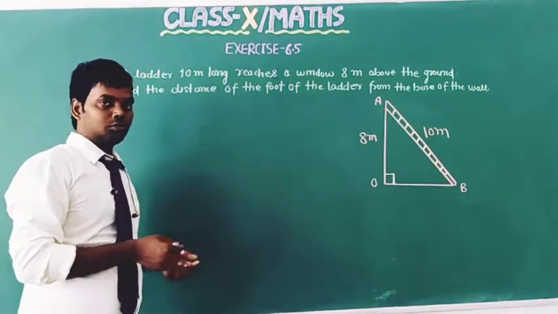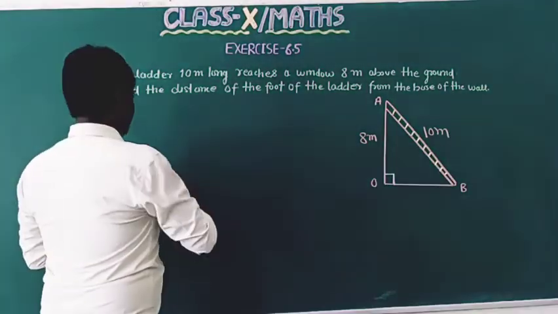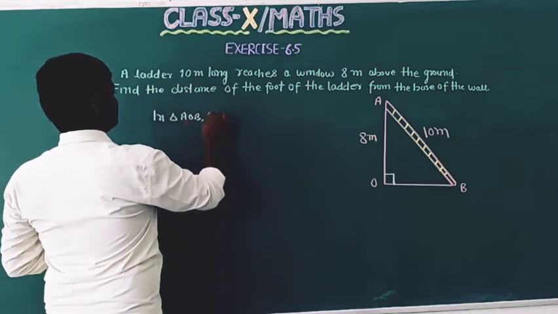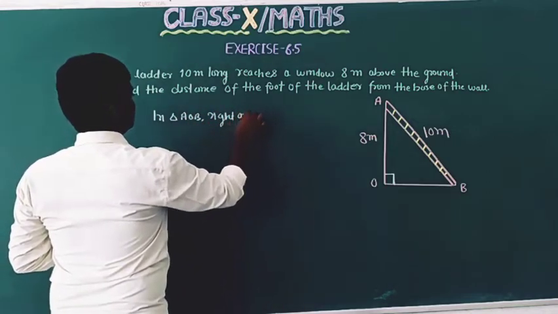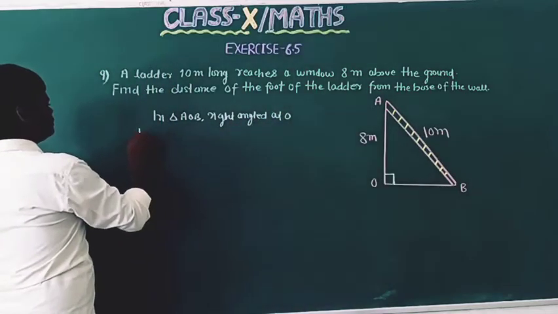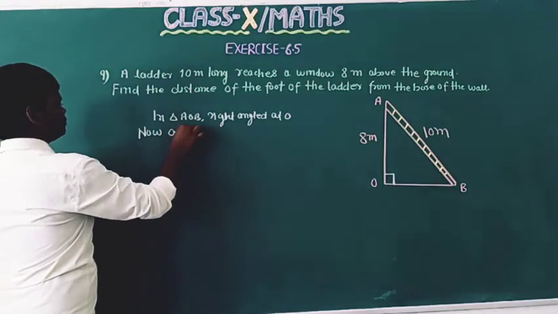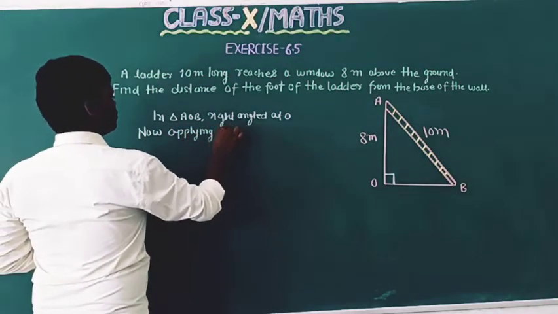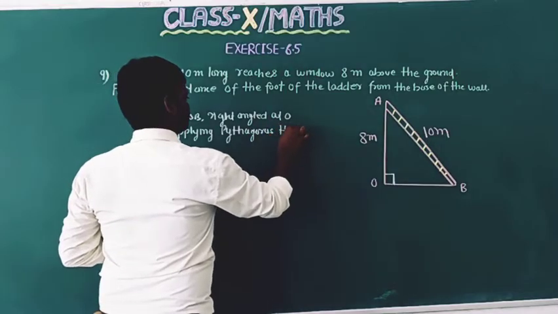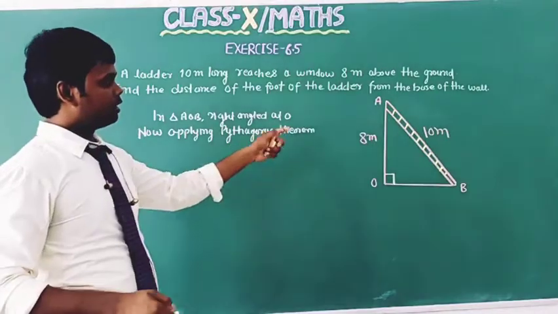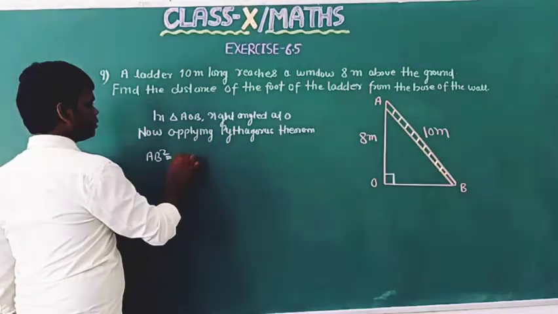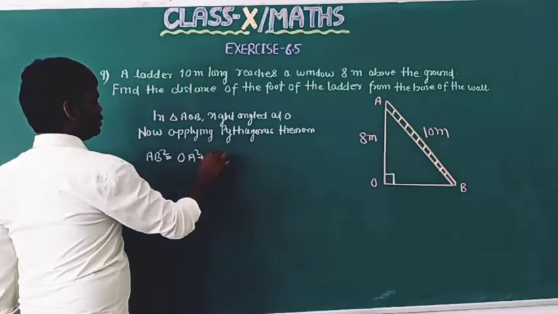So now apply Pythagoras theorem in triangle AOB, right angle at O. This is AB square equal to OA square plus OB square.